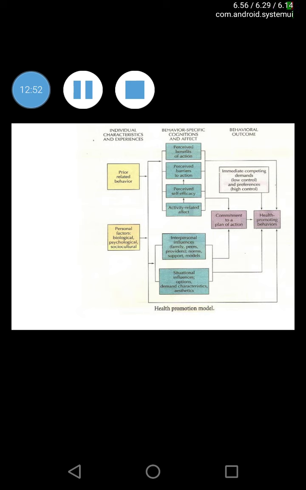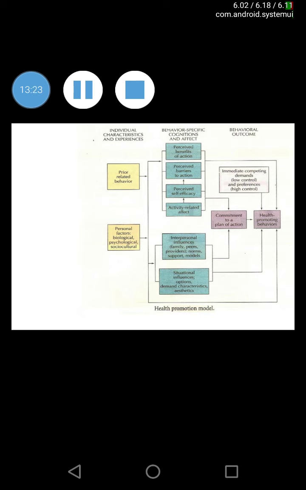After this, the person takes certain behavior and perceives benefits of action. With the help of our nursing intervention, the person understands the benefits of walking or dietary modification. Next is perceived barriers to action: what are the barriers? At last he achieves perceived self-efficacy, the capability to do that behavior modification in order to achieve well-being.